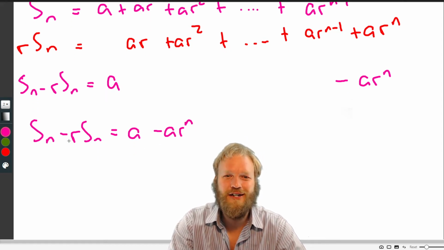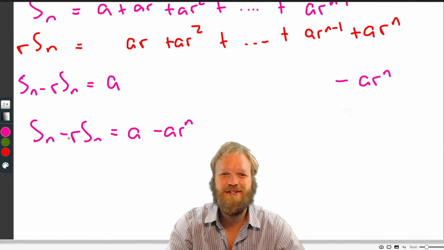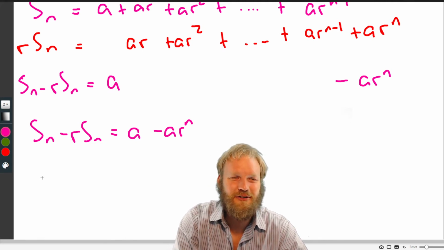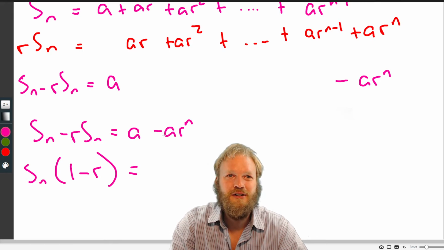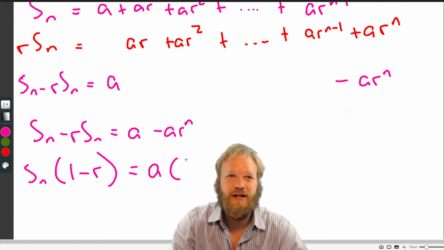Look, there's a common factor on the left-hand side. It screams out to be factorized. So we take out an Sn and get 1 minus r. On the right-hand side, we could take out an a, so a(1 minus r^n).